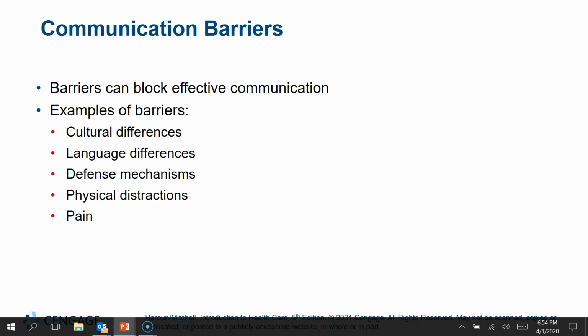Again, cultural differences. This is a real big issue, and we've talked about this. Maybe the man talking for them. Maybe we don't believe in the cultural thing that they're doing. Dress is a big thing.